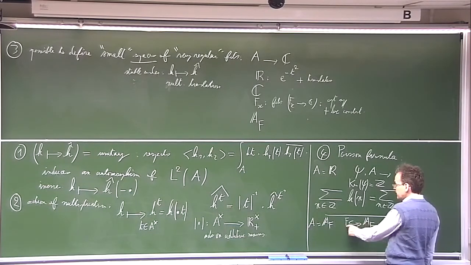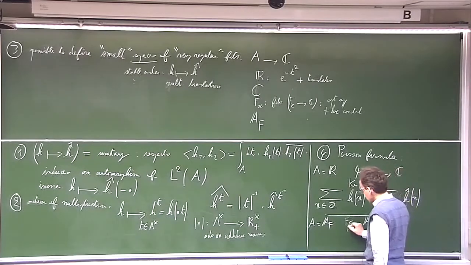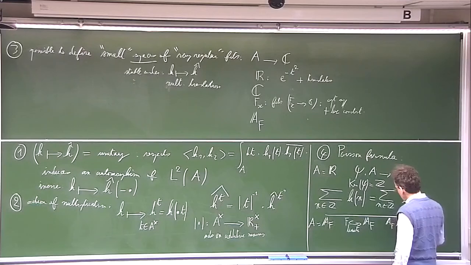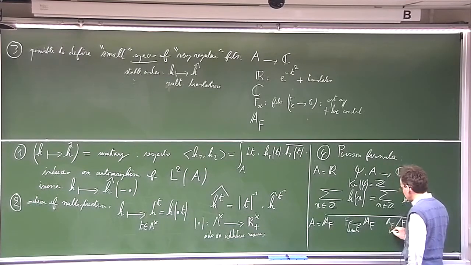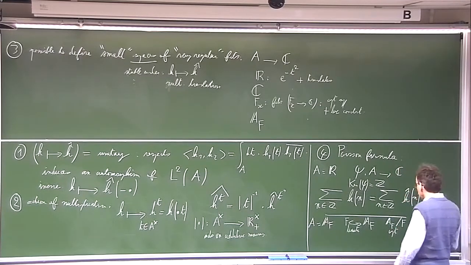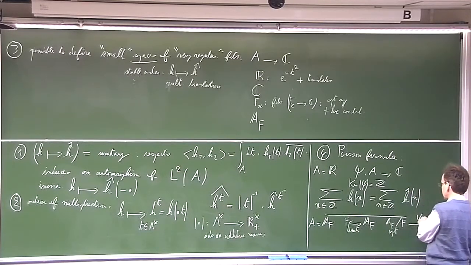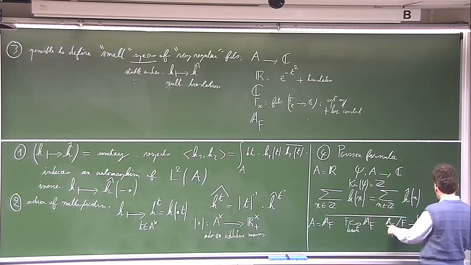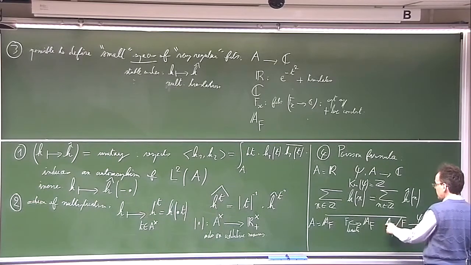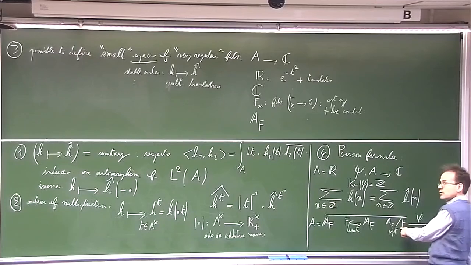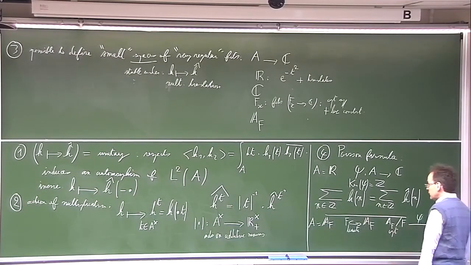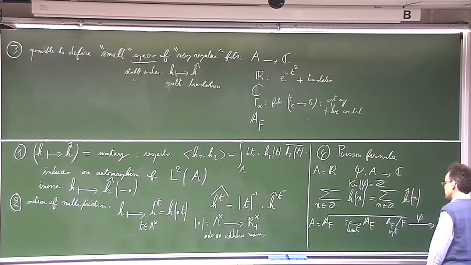It is embedded as a discrete subgroup. So this is discrete, and the quotient AF divided by F is compact. Okay, and here you require the character psi you have chosen for AF to factorize through this quotient. So you require this character to be trivial on the discrete group F. This is the only requirement you ask.